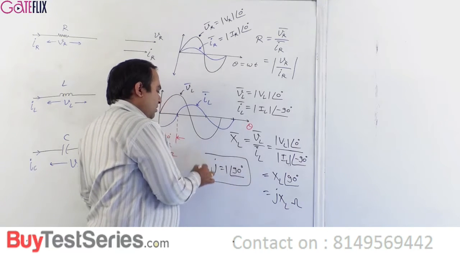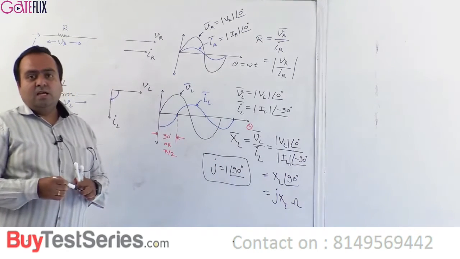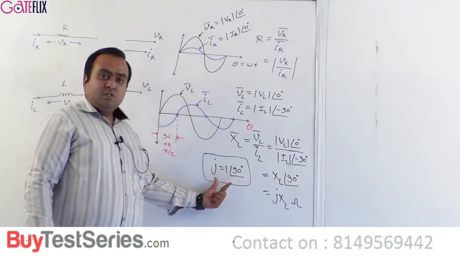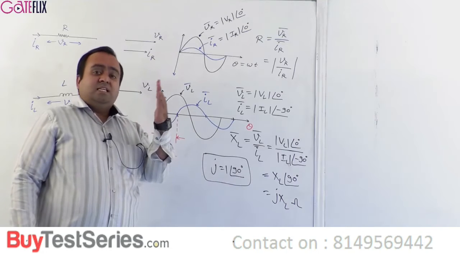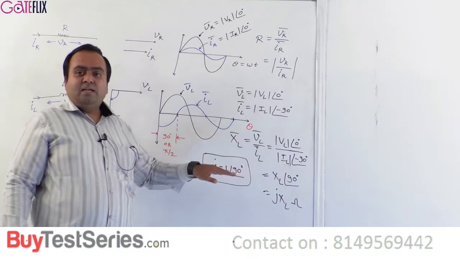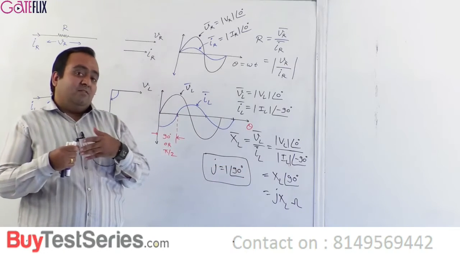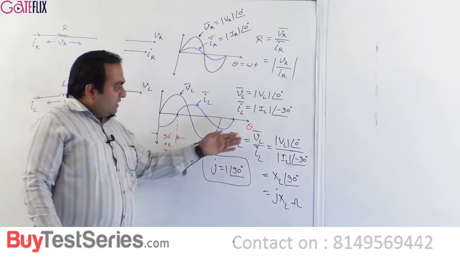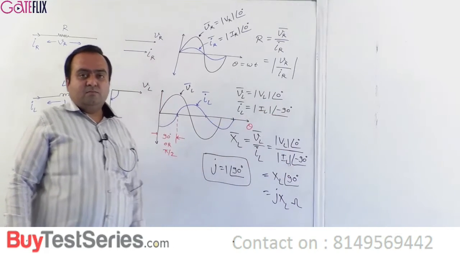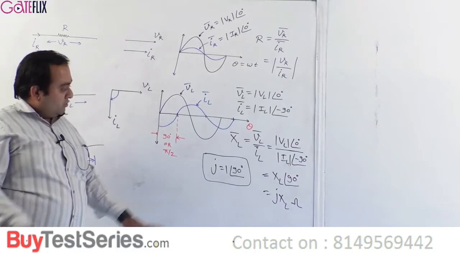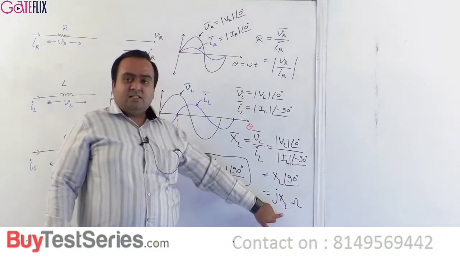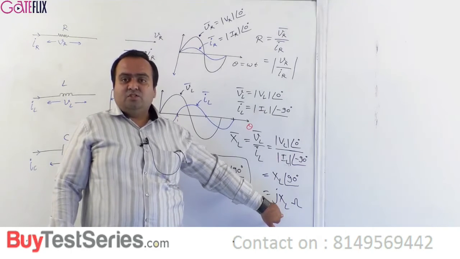When you multiply any phasor by j, that phasor gets rotated by 90 degrees in the anti-clockwise direction, because the magnitudes get multiplied and the phases get added. When you divide, as you all know, the phase of the denominator gets subtracted from the phase of the numerator. So j is 1 angle 90 degrees, it is an operator. So with an inductive reactance, we always have this j.